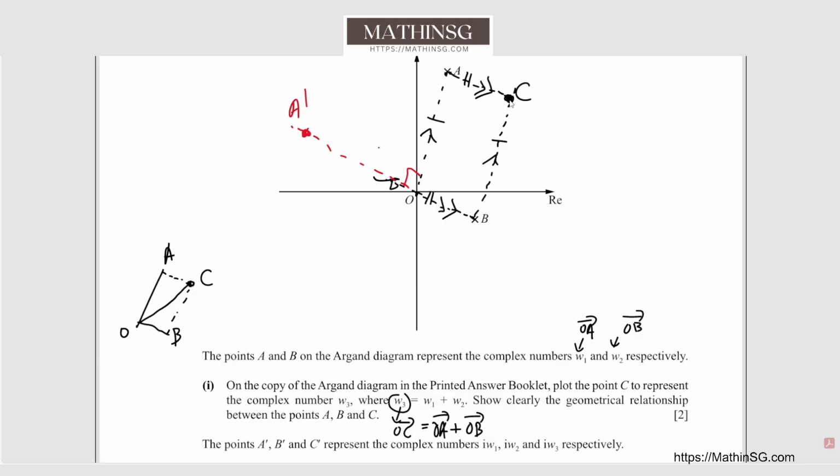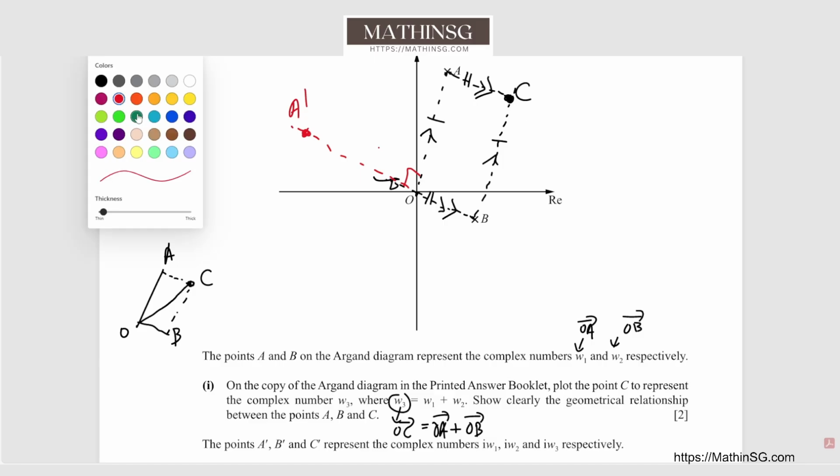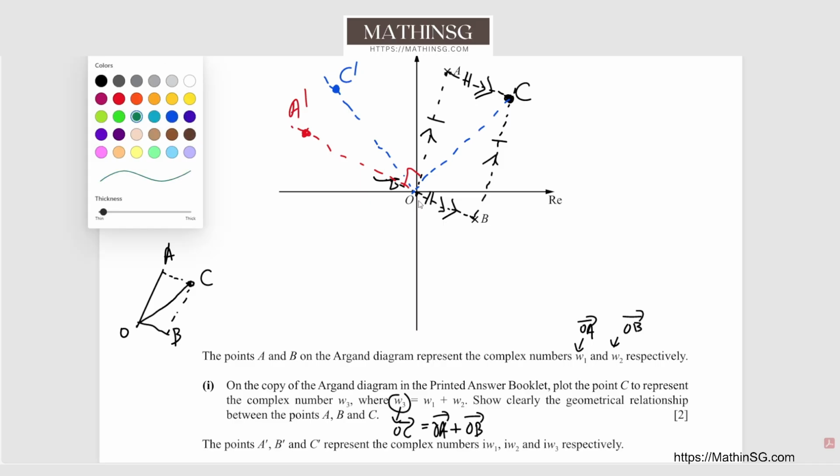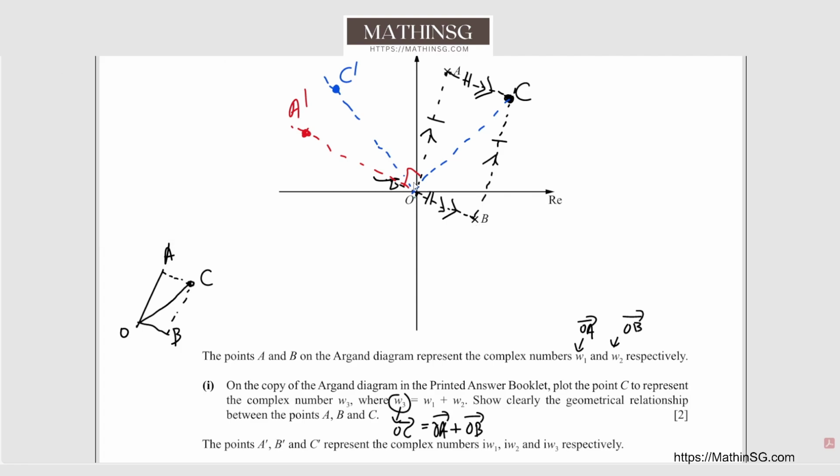Then do the same for C and B. I draw a perpendicular line, then measure this length, and I should have C prime. Then do the same for B. I need to rotate OB 90 degrees anti-clockwise, so it should be roughly here. So that is how we got A prime, B prime, and C prime.